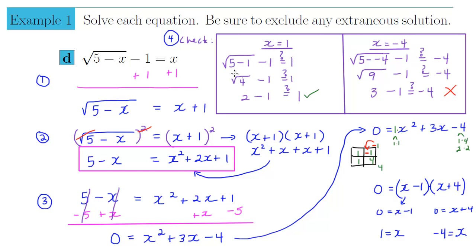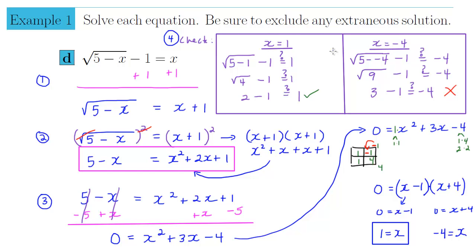We simplify what we can. 5 minus 1 is 4, square root of 4 is 2. Does 2 minus 1 equal 1? Yes. So that tells us that x equals 1 is a valid solution to our original equation. So let's box it.